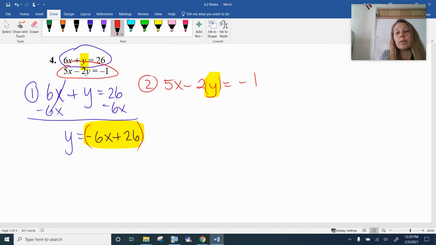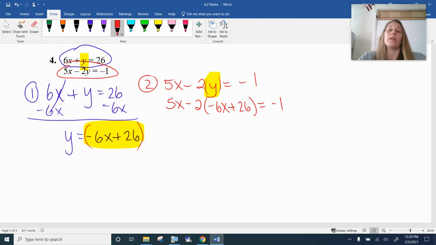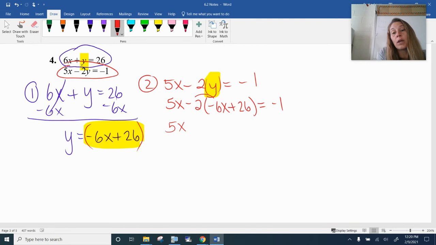So I can replace my y in the other equation with that expression, negative 6x plus 26. Now, because I only have one variable in my equation, just x's, I can solve for x. Now be careful when you distribute here, because this 2 has a negative in front, so you're actually distributing the negative 2. Negative 2 times negative 6 would be positive 12x. Negative 2 times 26 would be negative 52.